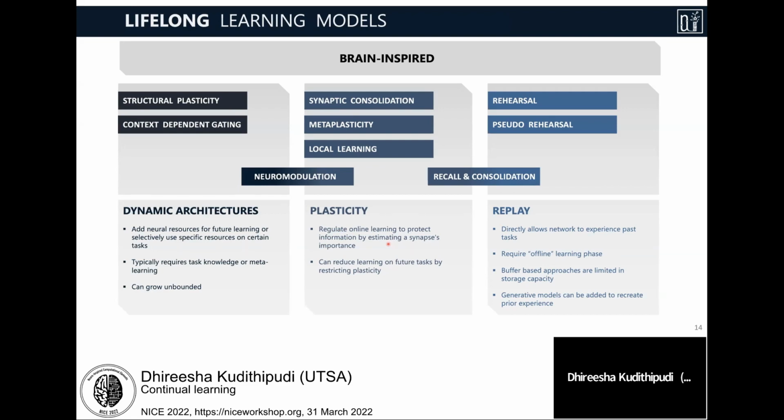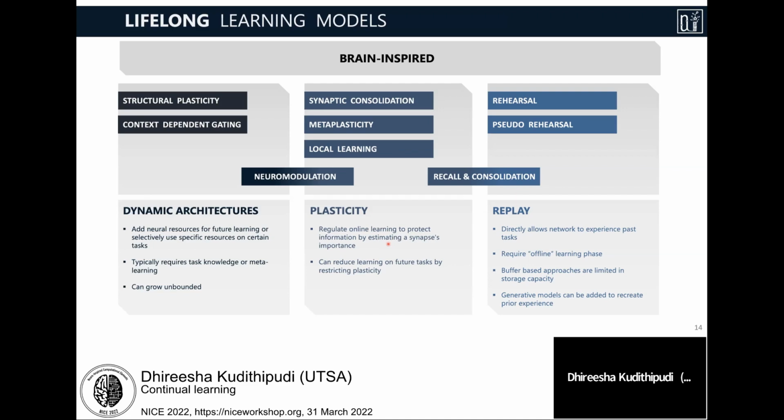It can use different mechanisms to estimate a synapse's importance. And by playing with the plasticity, it could be a parameter in the model, you could reduce the learning on future tasks or increase the learning depending on what we are trying to solve.